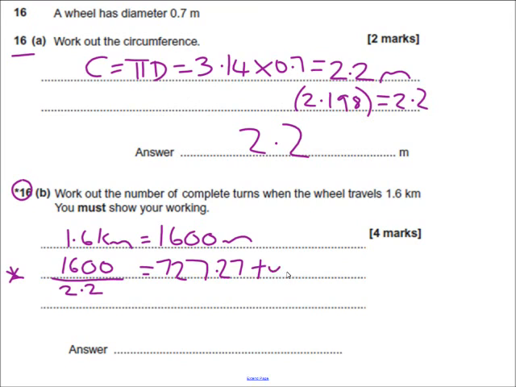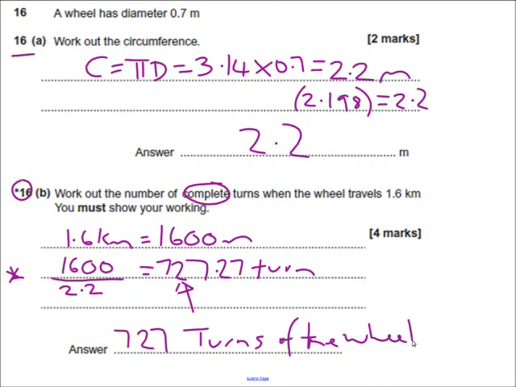So they want the number of complete turns, so the number of complete turns is 727 turns of the wheel, and this gives them the writing they've asked for with the asterisk.